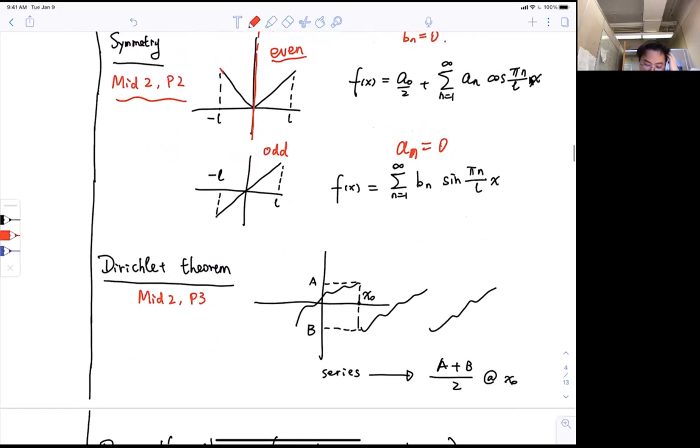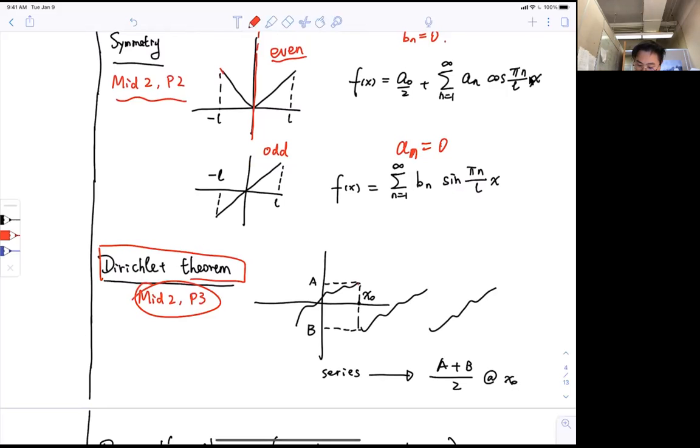So another thing you need to know is the Dirichlet theorem. It's also tested. Basically, we know that every periodic function can be given a Fourier series expansion. Now the question is, to what value will the series converge at a jump point?